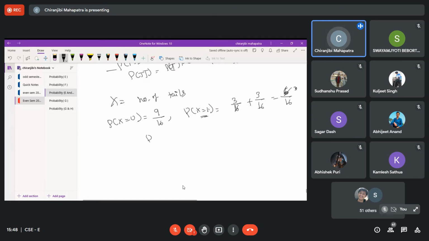Then what is the probability of x equals 2? That means we are getting two tails. That probability is 1/16. Now for the expectation of x, this will be 0 into 9/16 plus 1 into 6/16 plus 2 into 1/16.